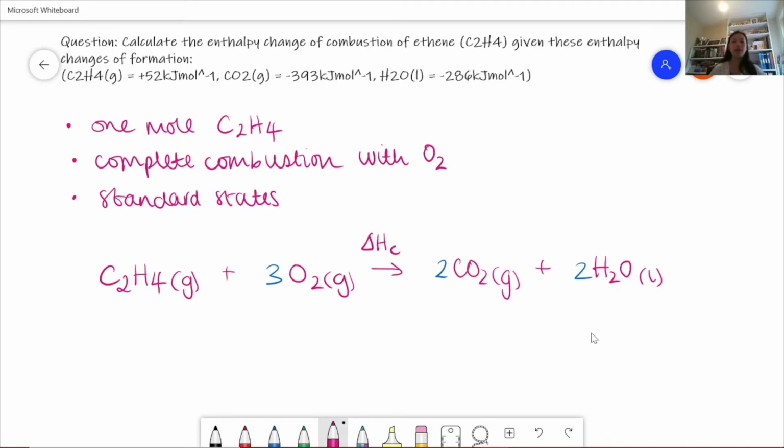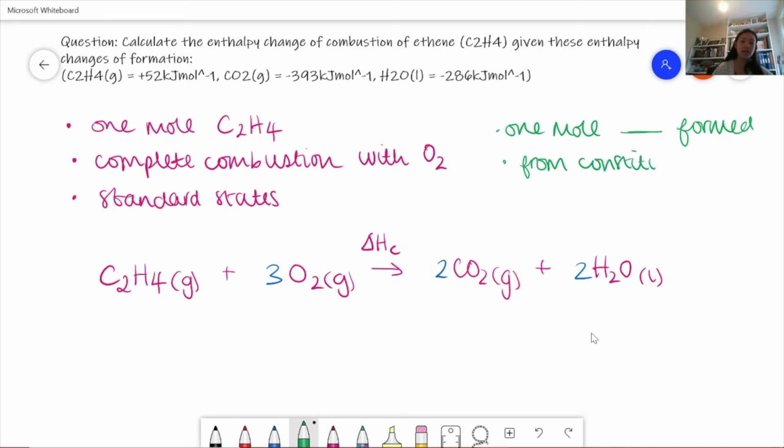So then we think about the definition of the enthalpy change of formation, and that's 1 mole of whatever it is that is formed, from its constituent elements, and also in standard states.